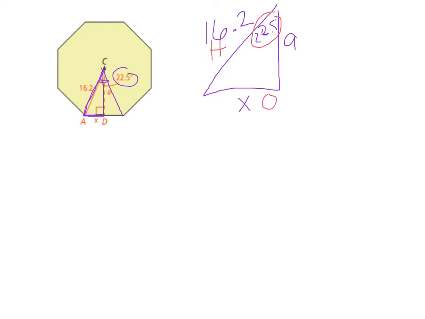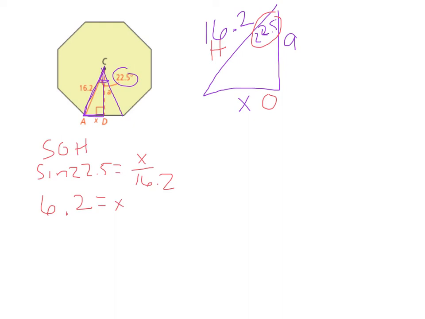So that's going to give me sine. So looking for just the length of x, I have sine of 22.5 is equal to x over 16.2. So I would get that x is equal to 6.2. That's my x value.